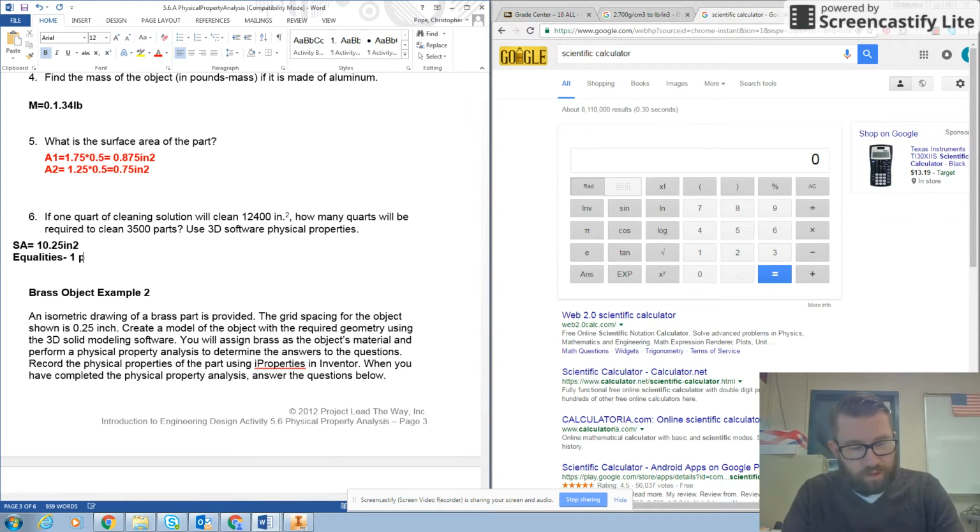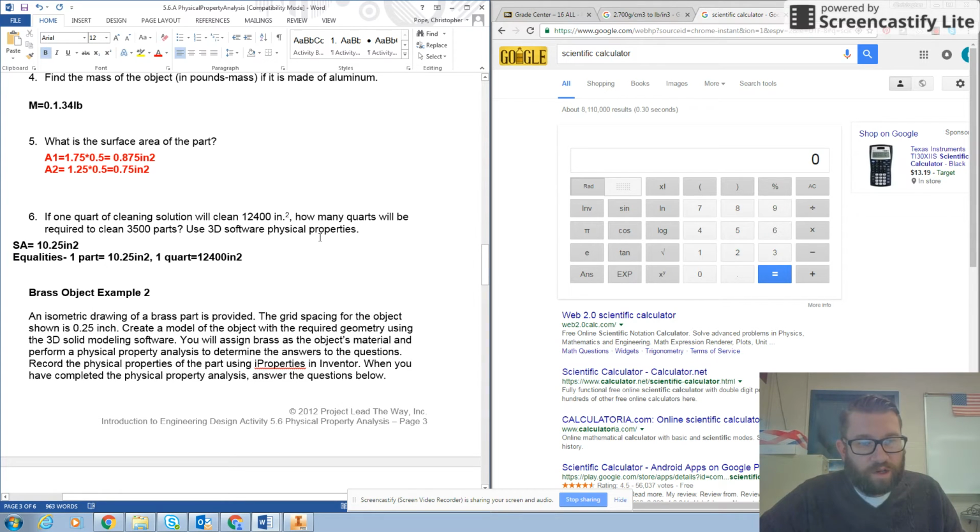So 1 part equals 10.25 inches squared. And 1 quart of cleaning solution equals 12,400 inches squared. And we're going to need 3,500 parts.